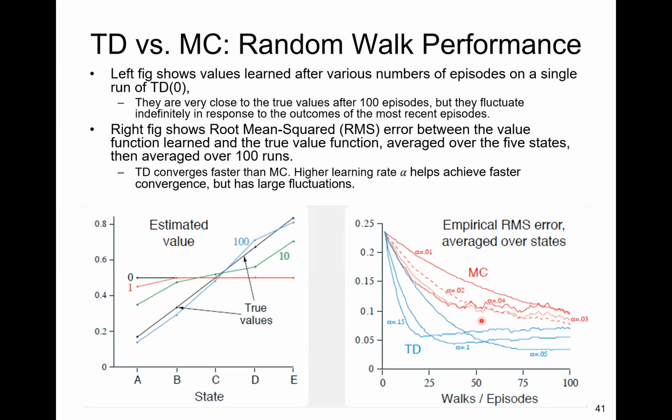If you set the learning rate alpha to be higher, so alpha equals 0.15 versus alpha equals 0.1 and 0.05, you can see that it achieves faster convergence, but it has large fluctuations.